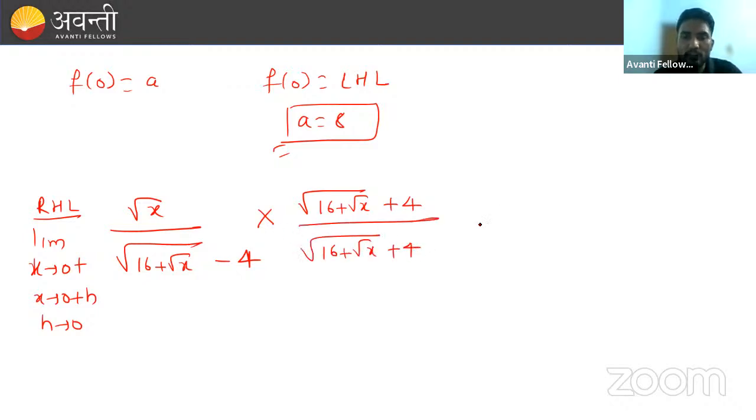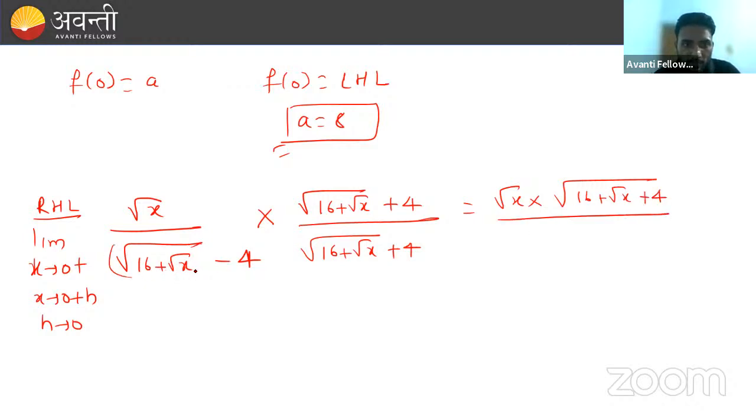Okay, so after that, what we will get? This is root x, this is 16 plus root x plus 4. And here you can see it is a and this is b. This is a and this is b. So after (a plus b) into (a minus b), it will be a square minus b square. It will be 16 plus root x, minus 4 whole square.